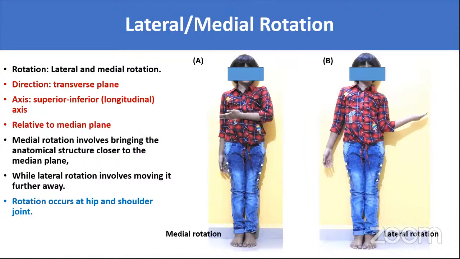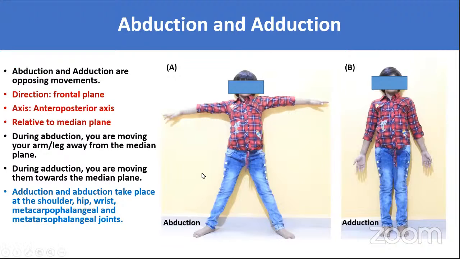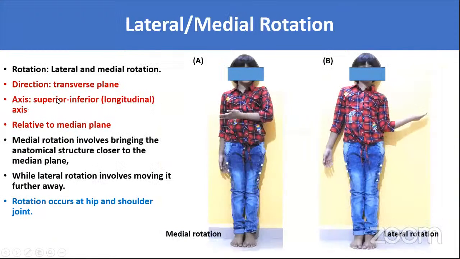In case of adduction and abduction, the direction was with reference to the frontal plane, whereas in case of rotation, the direction is with reference to the transverse plane. When we talk about transverse plane, the dimensions are side to side or front to back. The axis here is the longitudinal axis. And as I had said earlier, it is relative to the median plane.